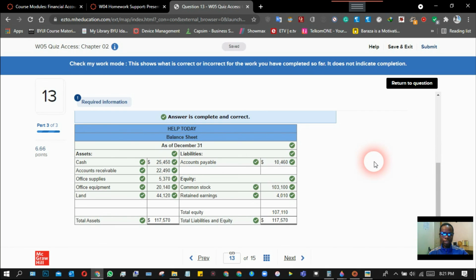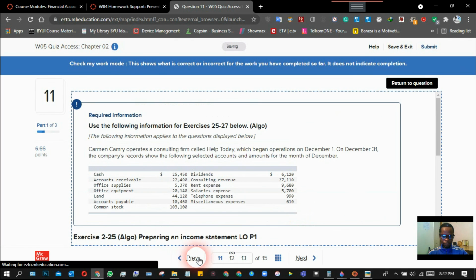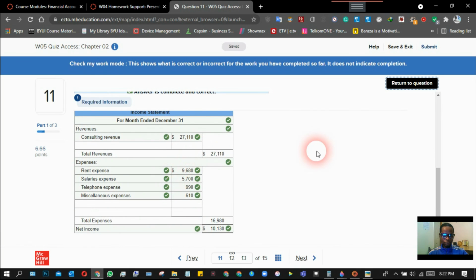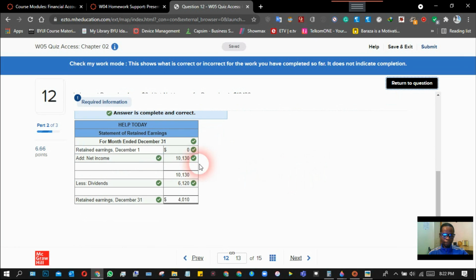And you've noticed that in the income statement we were able to calculate the net income, and we were able to use the net income in our statement of retained earnings to calculate retained earnings for the month ended December 31st, and that was 4,010.